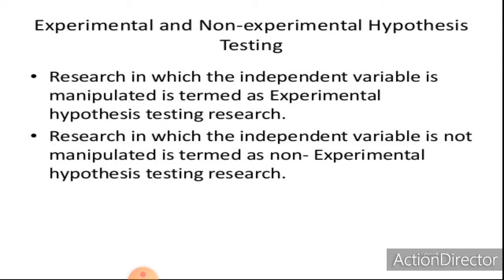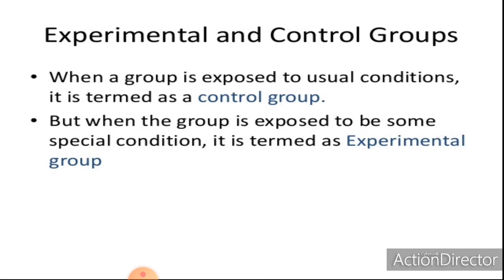So I repeat, there are mainly experimental and non-experimental hypothesis testing. When an independent variable is changed in a research, such a research is known as experimental hypothesis testing research. If the independent variable is not manipulated, it is kept constant, then such type of research is known as non-experimental hypothesis testing research.